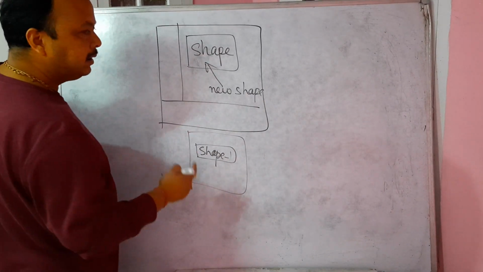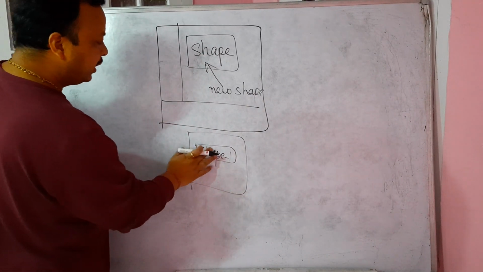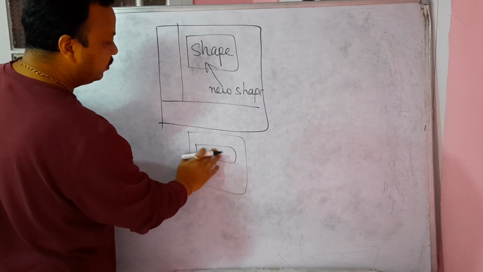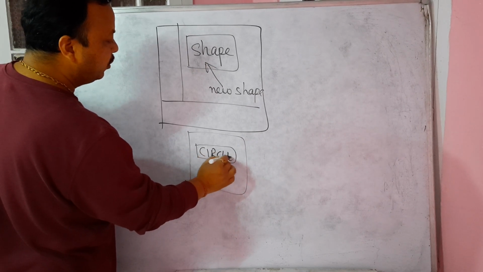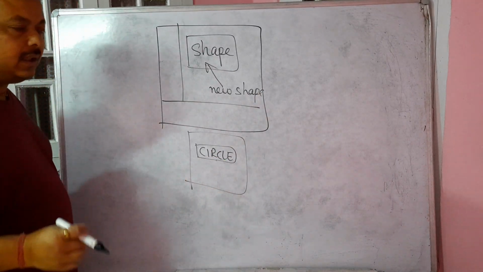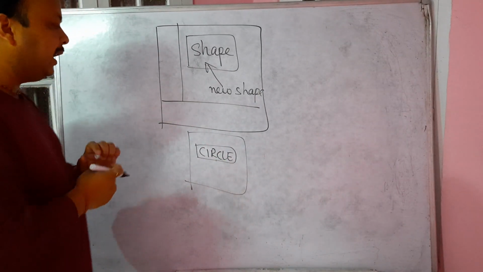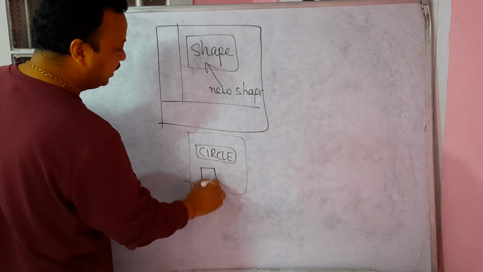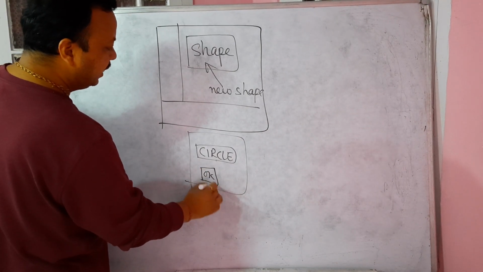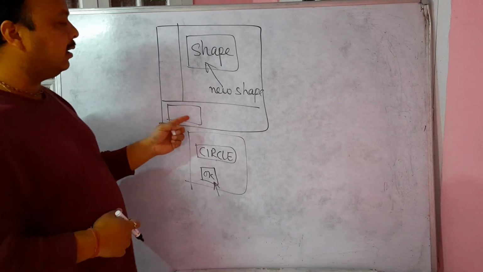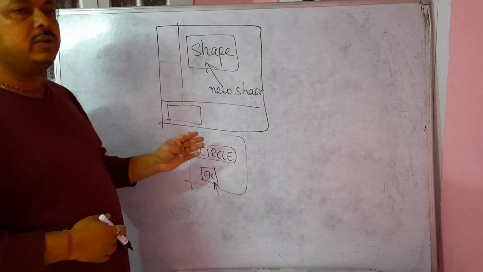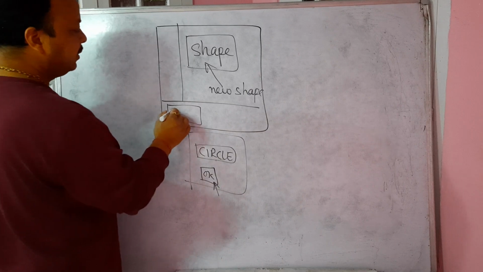If you are okay with it, you click OK. If you are not okay with it, then what you have to type here is circle. This is more specific, mentioning exactly what the name of the object will be. Once you give the name circle and click OK, you will get one reddish rectangular box at the bottom of your BlueJ screen which shows the name circle.